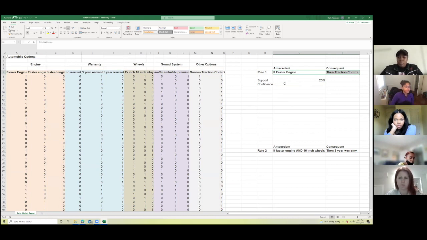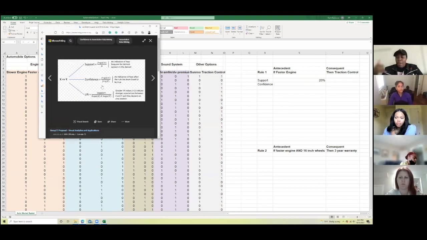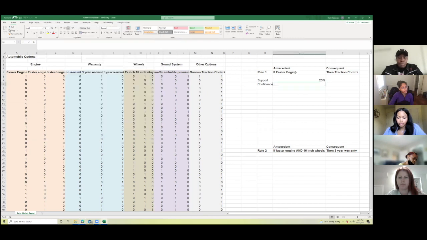Okay. Then for confidence, let's go ahead to our formula again. So confidence is the amount of times you see the rule divided by the amount of times you just see the first part of the rule. So if faster engine. So equals sum product of fastest engine.